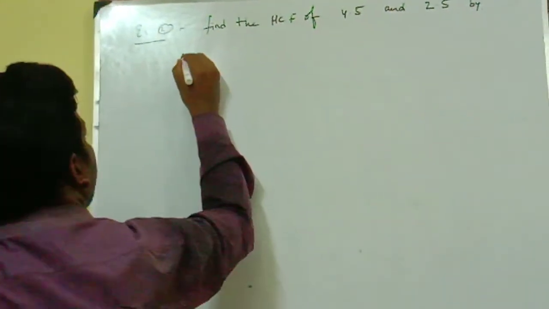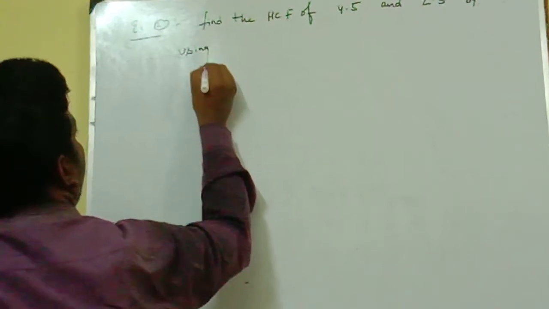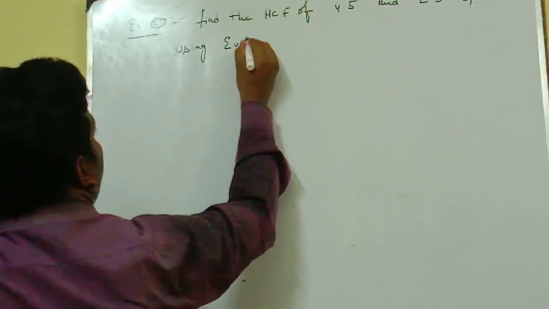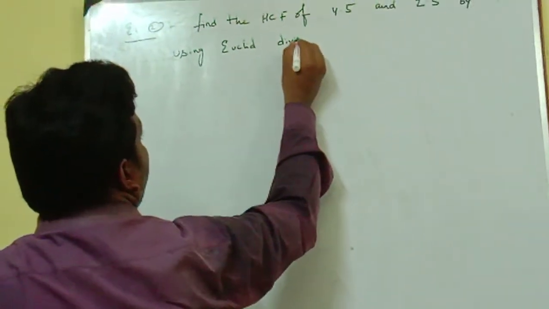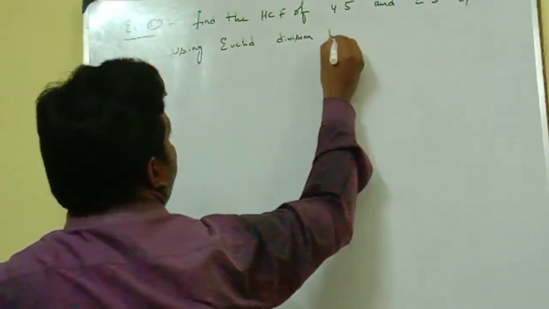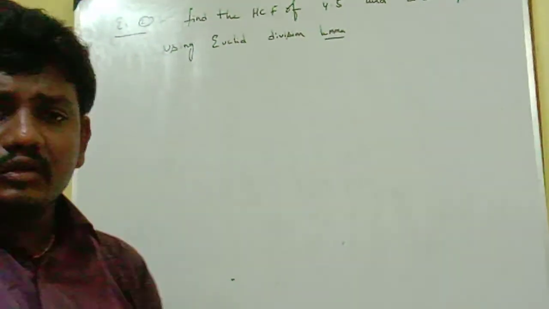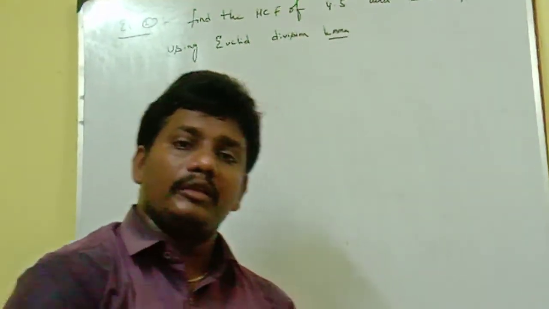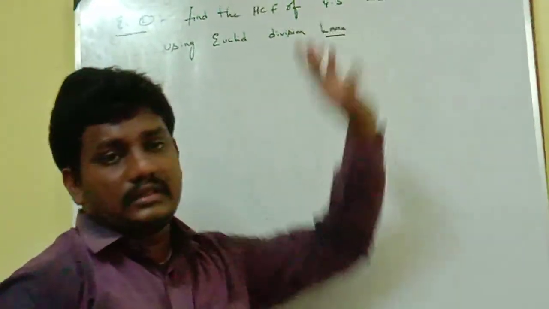As we already know, Euclid's division lemma is only meant for integers.